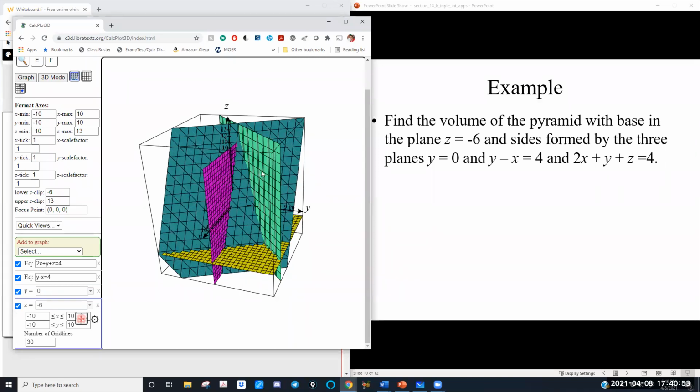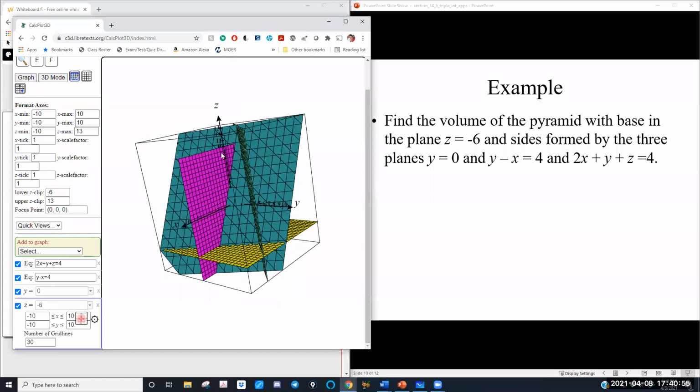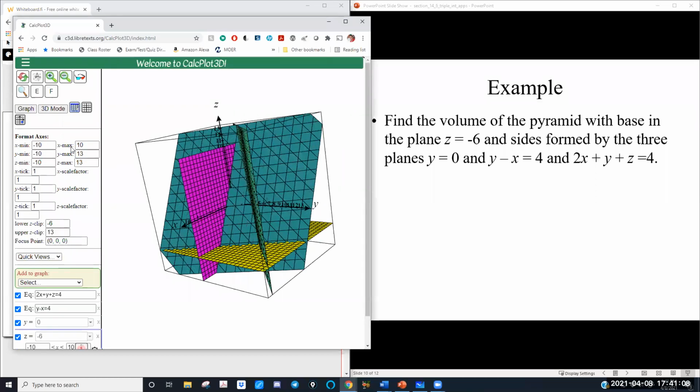Now, I don't know why the plane y equals 0 isn't going up a little higher. Maybe let's try it. Nope, that didn't help.